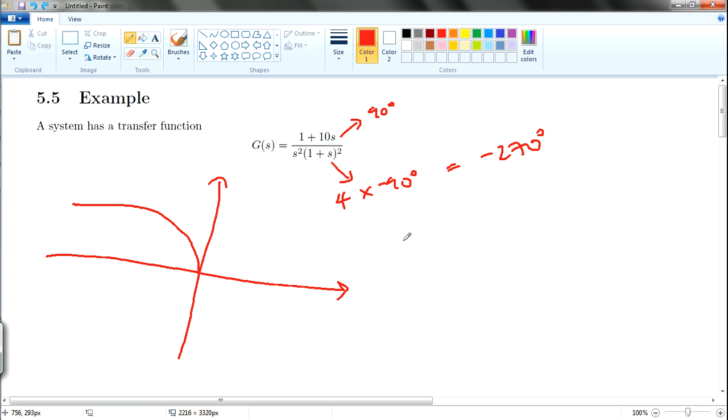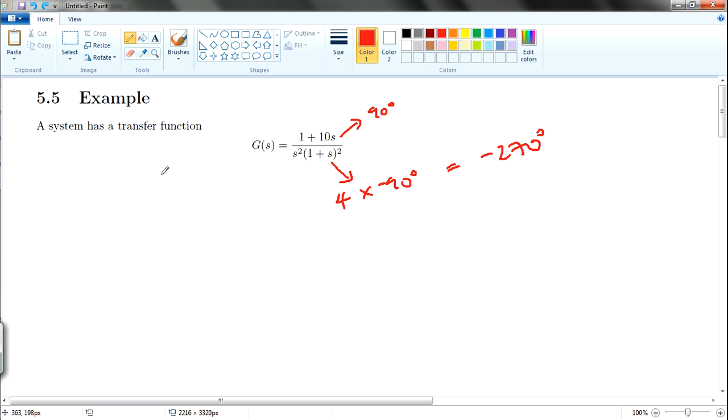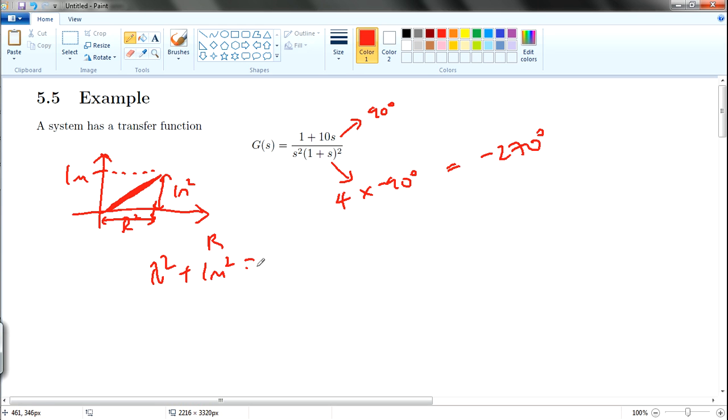In order to calculate the magnitude, if you remember the trigonometry rule, this is the real axis, this is the imaginary axis, and if you want to find the magnitude of this line, you take the real squared, let's call this r squared, plus the imaginary squared, and take the square root. So this is the magnitude.